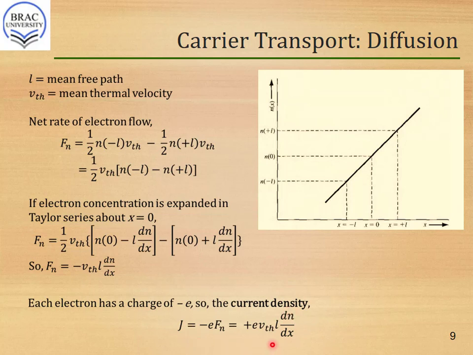That means we will not get a diffusion current if there is uniform doping. We will only get a J if the doping is non-uniform and n is a function of x. So that is our derivation of current density.